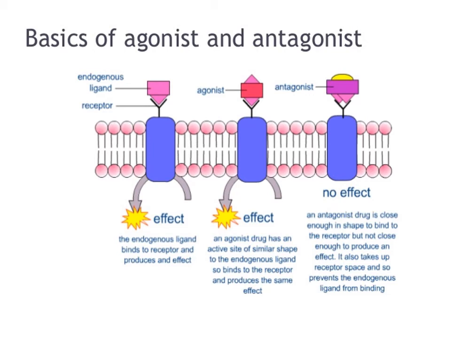Okay, so we could call it, say, an epinephrine blocker, or an epinephrine receptor blocker. So that's just the concept of agonist and antagonist, and this is definitely going to come up in pharmacology. So know the terms quite well.